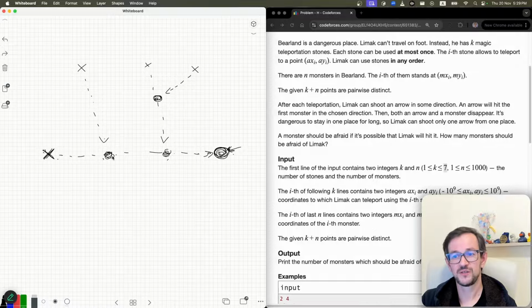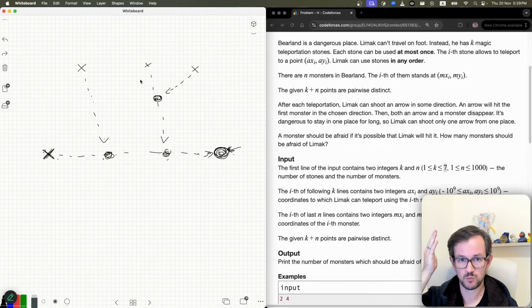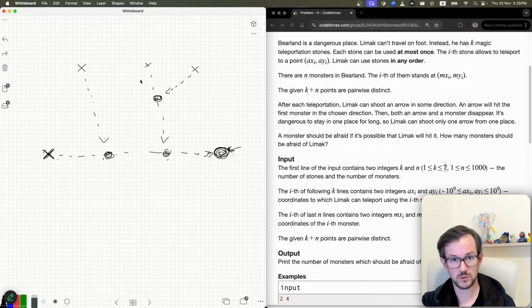To kill these 2 monsters, for example, I use this gun. Every time you don't know which gun to use, but you only have 7 of them, so you can check all of them. It's called a recursive backtracking algorithm. Every time we don't know which way to go, we just recursively try all of them. We have only 7 of them.